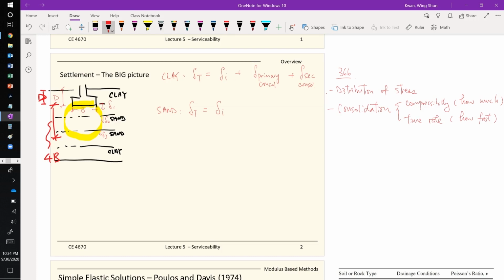For primary and secondary consolidation, sand will have consolidation too.